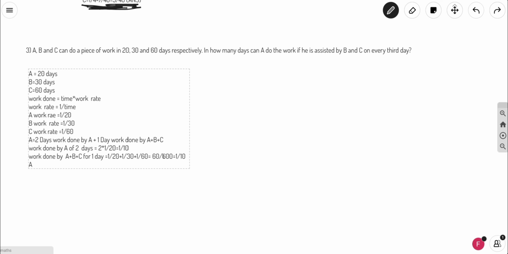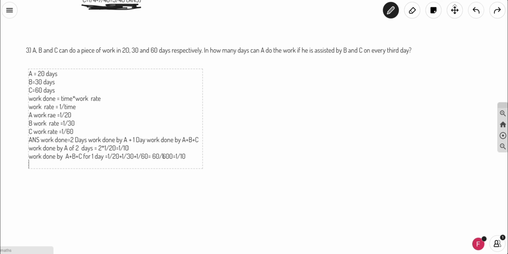So now we have the work done by A in 2 days and the work done by A plus B plus C for 1 day. Now we should add them to get the total work done.